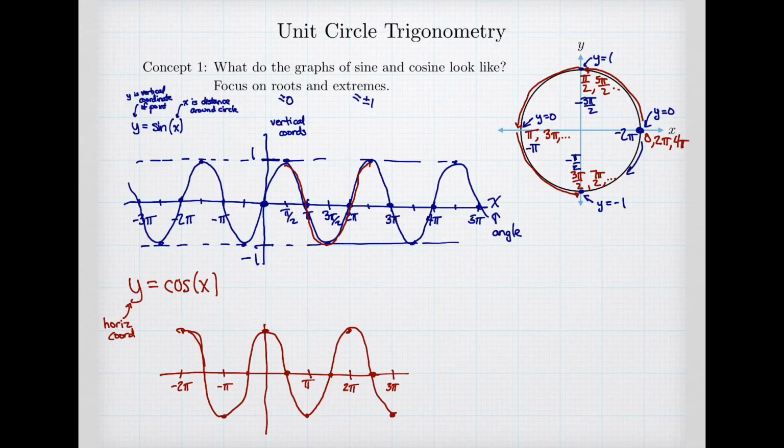With highs and lows, every multiple of pi, and we're crossing the axis on all the odd multiples of a half pi. Again, this is a periodic function. It repeats every 2 pi. And the basic block that we're looking at here, remember the cosine starts at 1 because I'm at the right side of the unit circle.